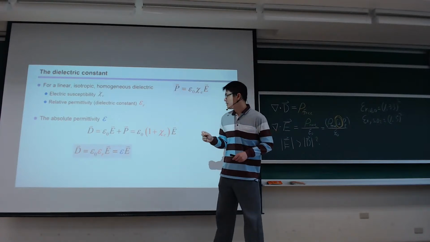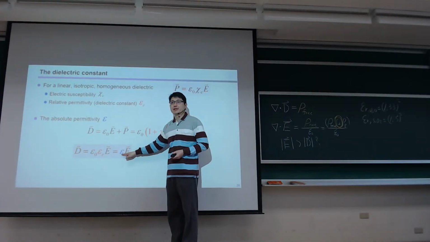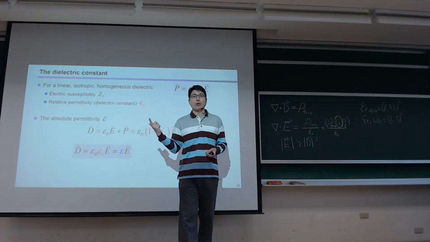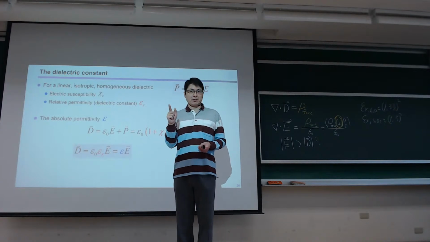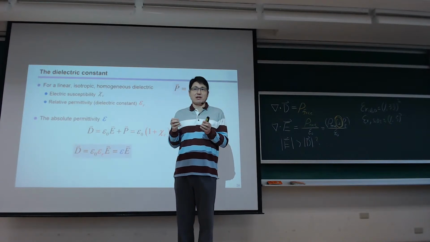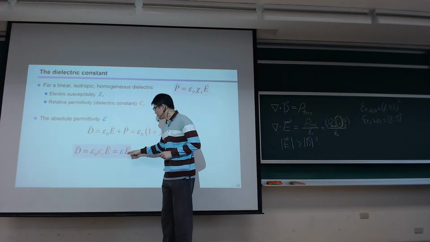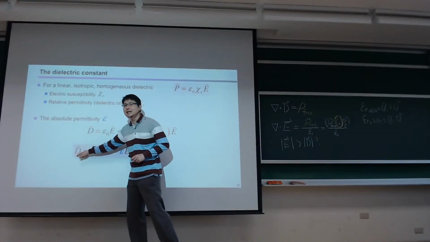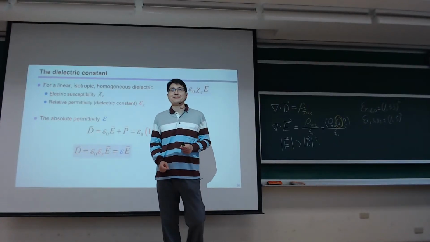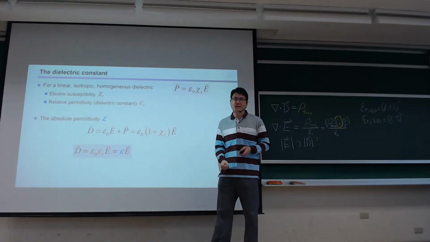When I was a student, I thought, if I have a material with a very high epsilon value, that means this material is very capable of generating induced electric dipoles, right? So I thought, if I have a material with very high epsilon, that makes its D very big. Is it right? Think about it. Is it right?